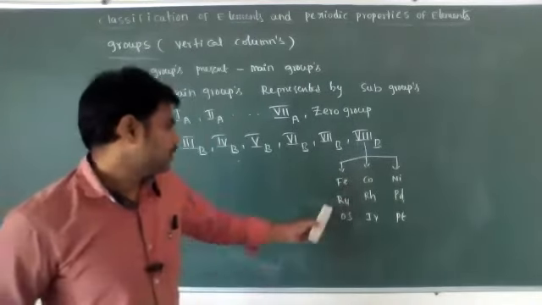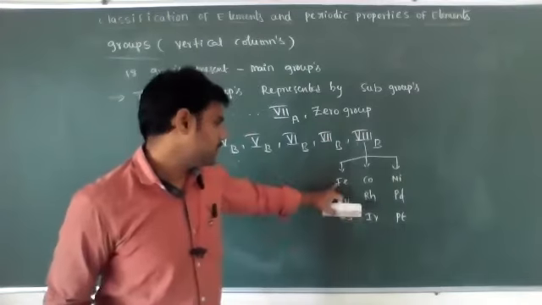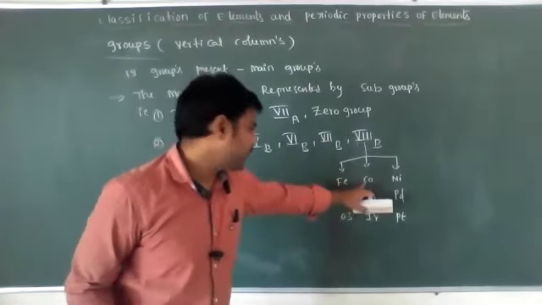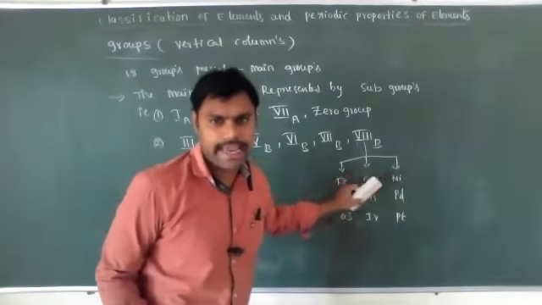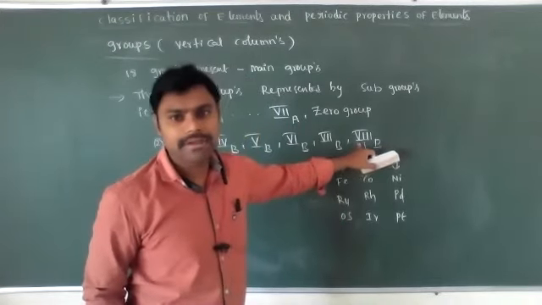Like this, they belong to the 8th, 9th and 10th groups. These 8th, 9th and 10th groups are denoted as 8B.